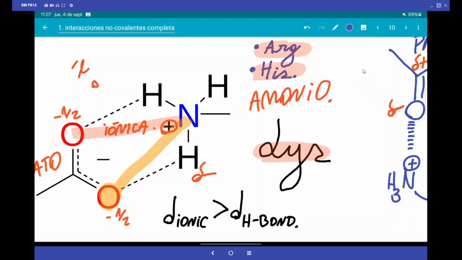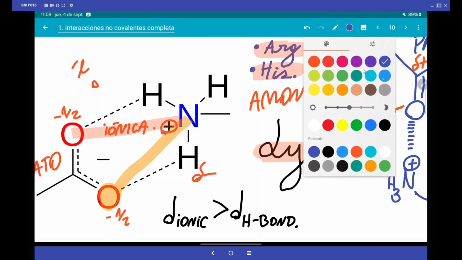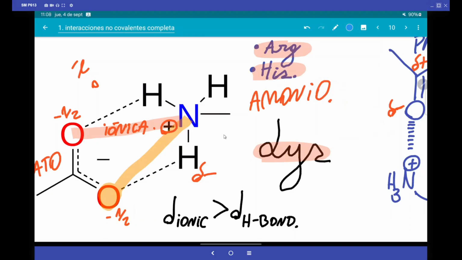It is very important which of those can be neutral or charged according to the condition. Therefore, histidine can be positive or neutral, and that makes it so relevant in catalytic sites of enzymes.